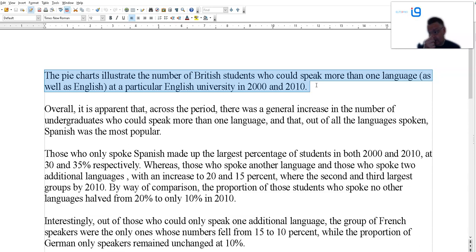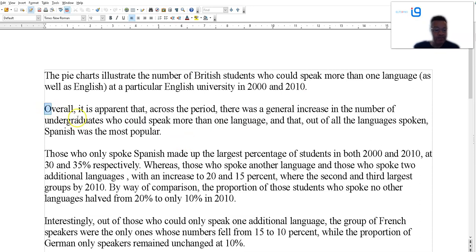Just simply, don't copy it all. You know, anything more than 3, 4, 5 words directly lifted will be crossed out. So, anyway, the pie charts illustrate the number of British students who can speak more than one language, as well as English, at a particular English university in 2010.